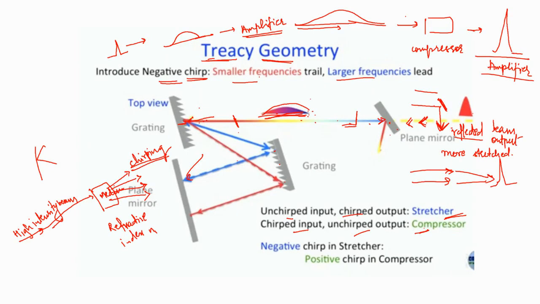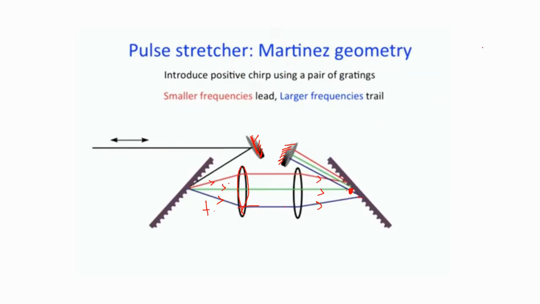The second thing is, earlier, if you would have observed in 3C geometry, the two diffraction gratings are kept parallel to each other. But in the second case, these diffraction gratings are at an acute angle to each other.